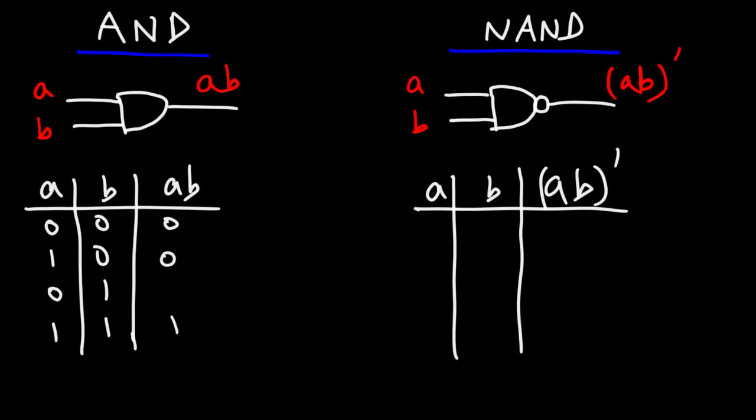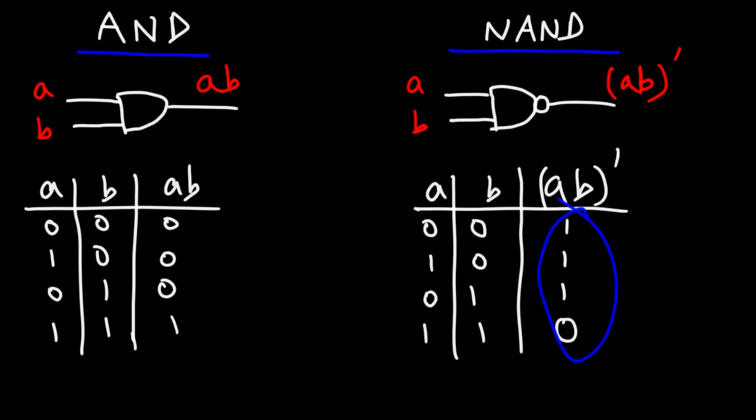Besides that, it will be a 0. In the case of a NAND gate, when both inputs A and B are on, the output will be off. So as you can see, this column rather, is the complement of this column.